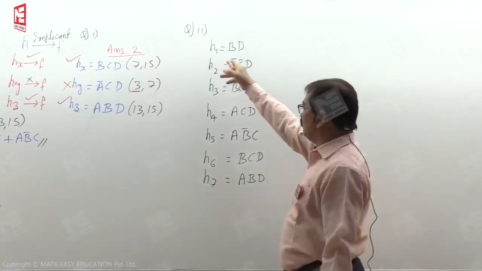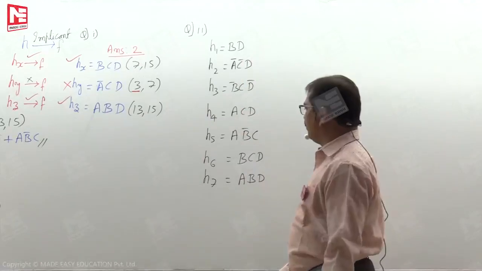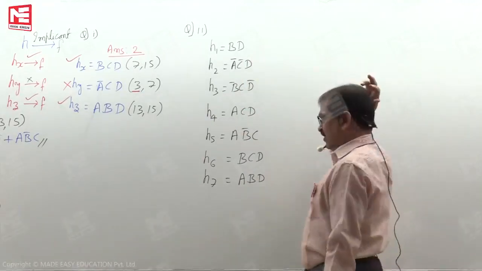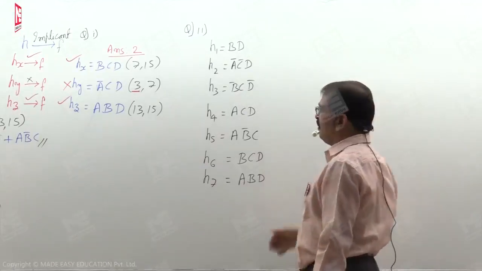The question now is, from the given product list, this H1 to H7, how many products are prime implicants of the given function?